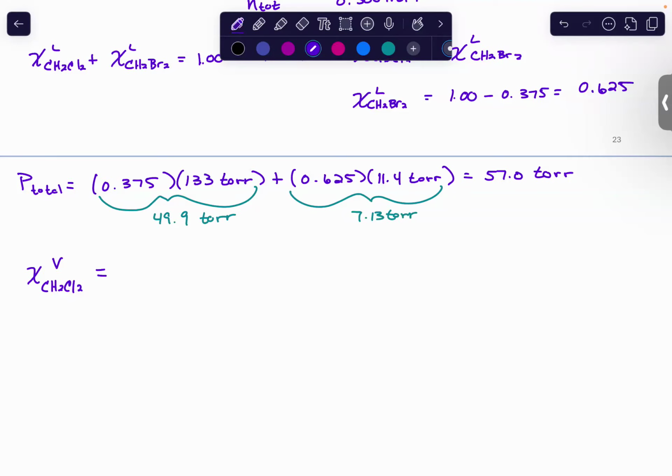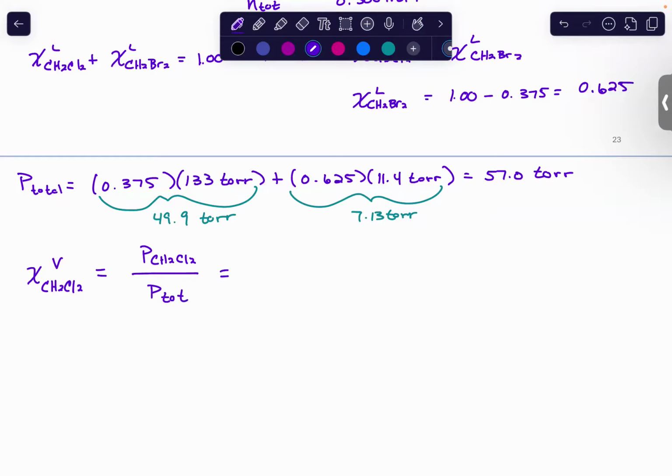So for the vapor phase, the mole fraction also represents the partial pressure over the total pressure.